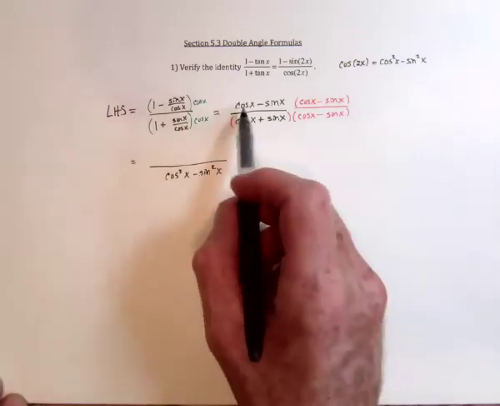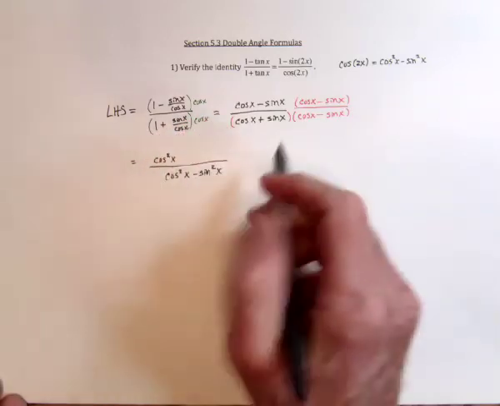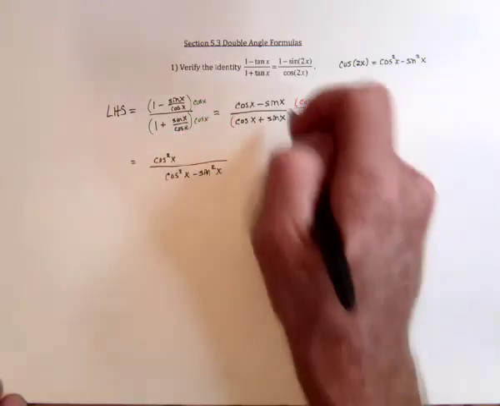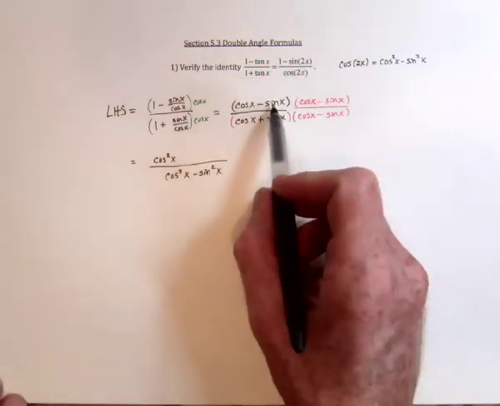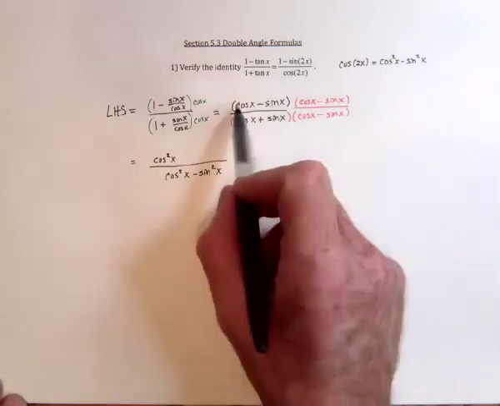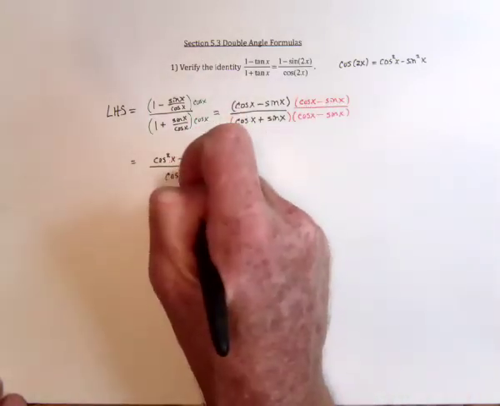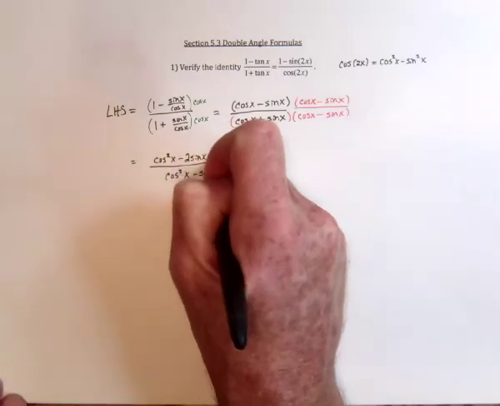And then for this one, we need to multiply it out. So it's going to be cosine squared from the first one times the first one. In here, the middle terms are not going to cancel because it's going to be a negative sine times cosine, and this one's going to be a negative sine times cosine, so there's actually 2 of them that are negative sine of x times cosine of x.